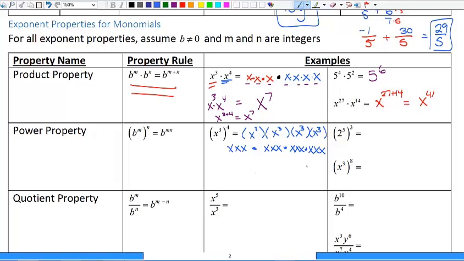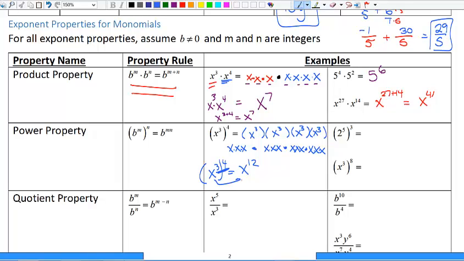So we have 4 copies of x cubed. Well, because these are all multiply signs in between all the x's, all of these things are just being multiplied. How many things do we have being multiplied? 12. So the shorthand way to do this, instead of having to write it out every time, is just to take the 3 and the 4 and multiply them.